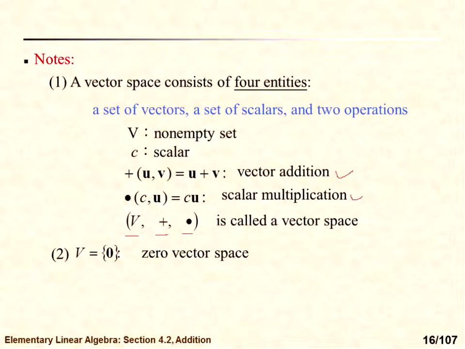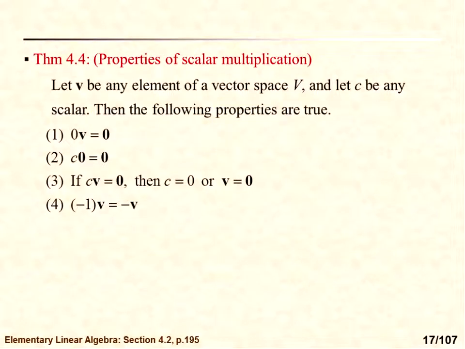If this type of notation is written, then you can directly say that it is a vector space and it satisfies the 10 properties. We always write it like this: V with plus and multiply is a vector space.